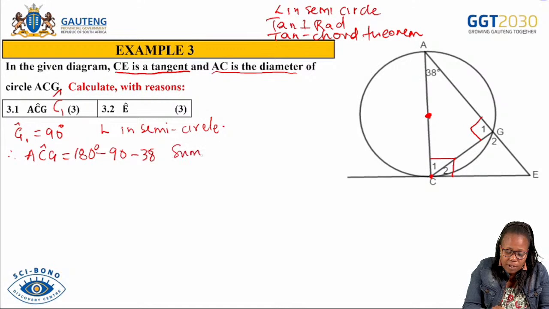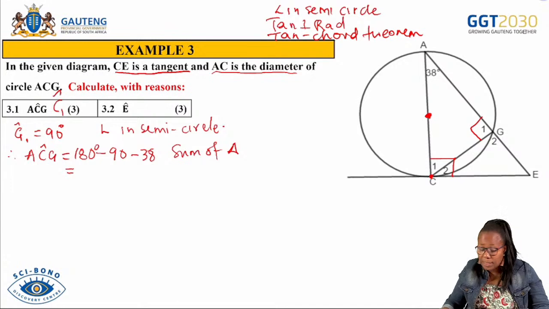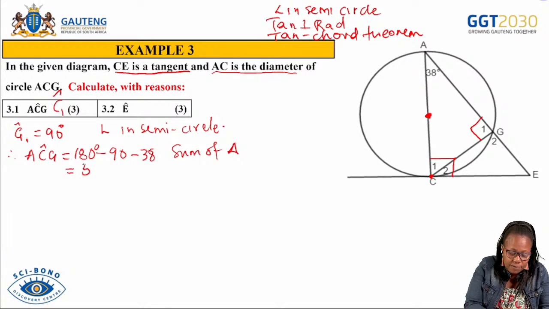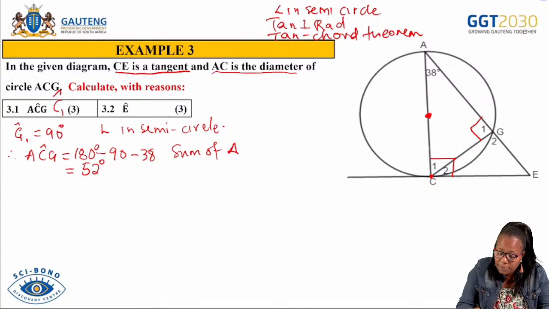Because of the sum of angles of a triangle. So 180 minus 90 minus 38 gives us 52 degrees.